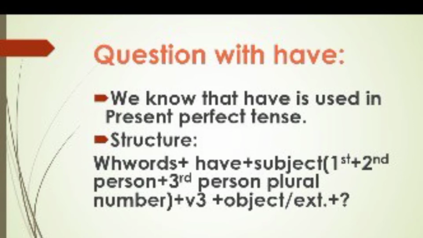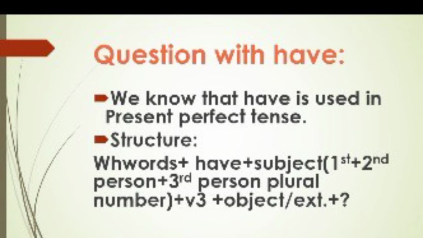Question with have. We know that have is used in present perfect tense. And what will the structure be? Let's see. At first you have to write the WH word, then you have to write have, then you have to write the subject.